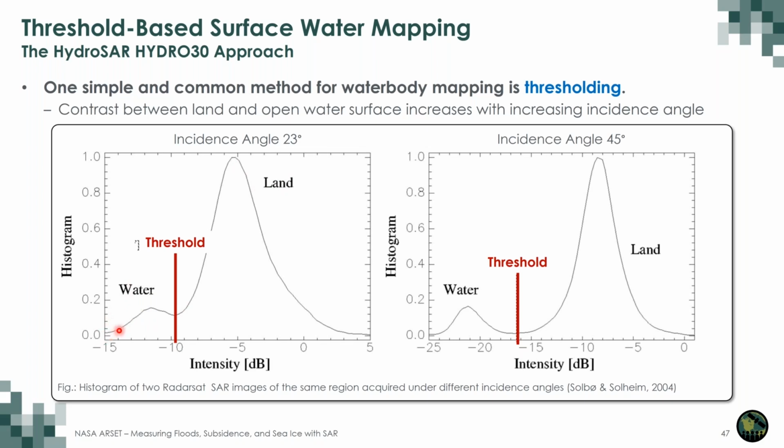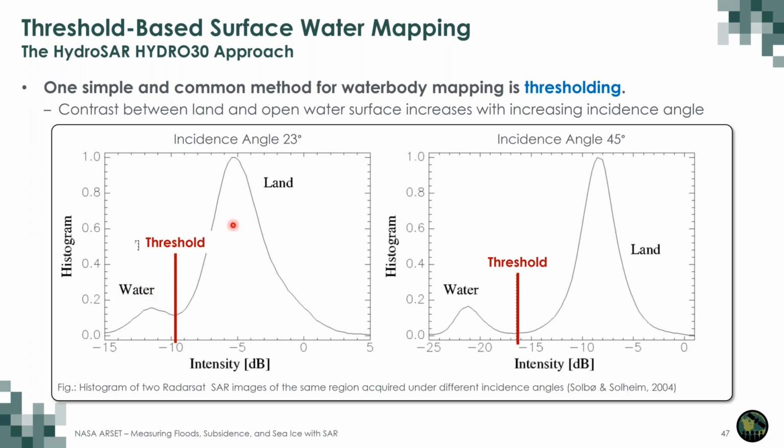So if you look at this histogram, you see it has two distinct humps. We usually call them two different modes. The darker mode usually relates to water, and the brighter mode relates to land surfaces. And we can visually draw a line that separates the water pixels from the land pixels pretty well.